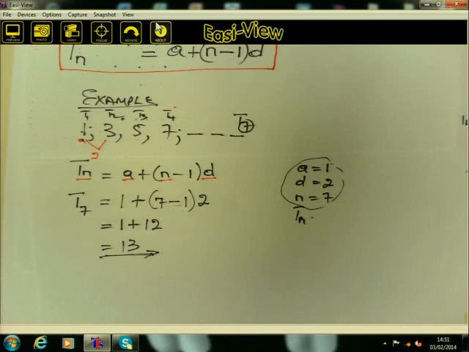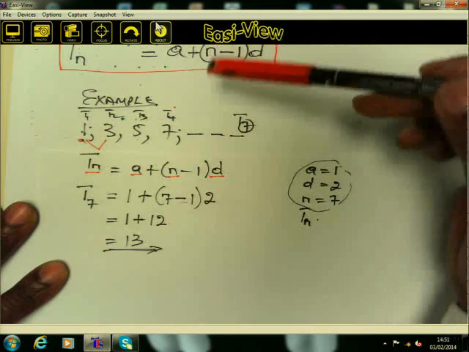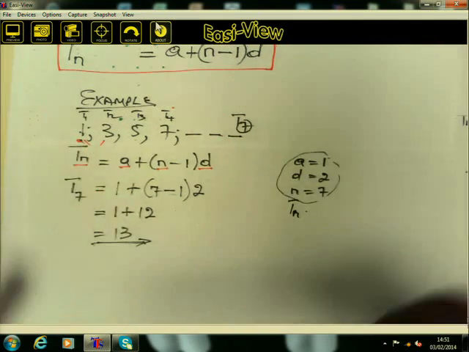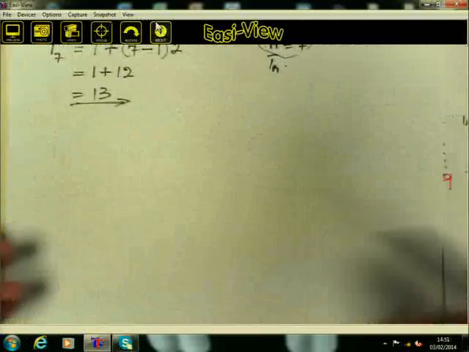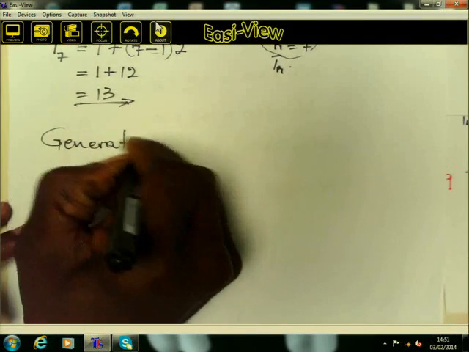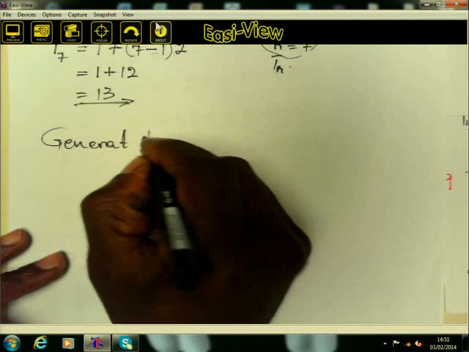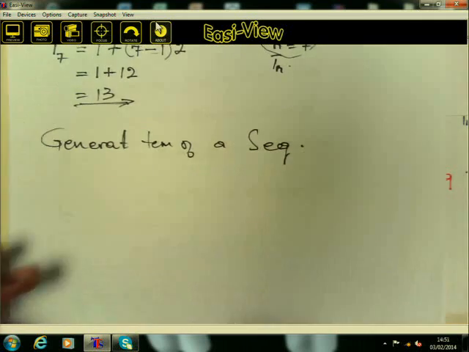So we can have this one, finding the general term of a specific sequence, because this one is the one that finds the other terms. So what do we do in order to find the general term of a specific sequence?